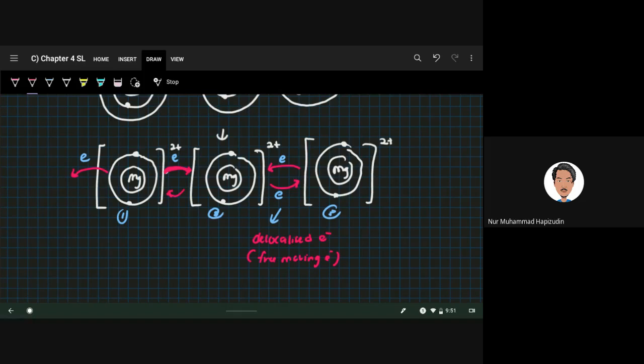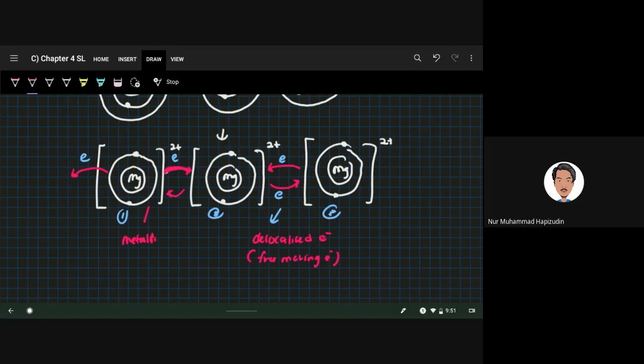Yes, actually in metal all metal have free moving electron that called delocalized electron. It always jump from one atom to another atom. Okay, because the delocalized electron ni come from the valence electron lah. Okay, so yang satu lagi ni metallic ion.